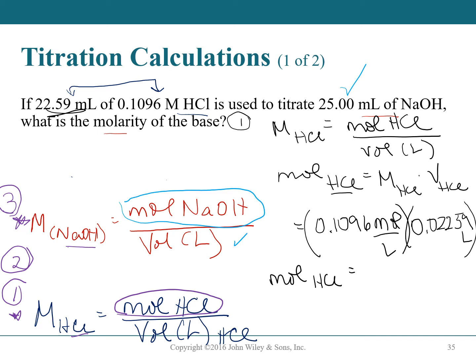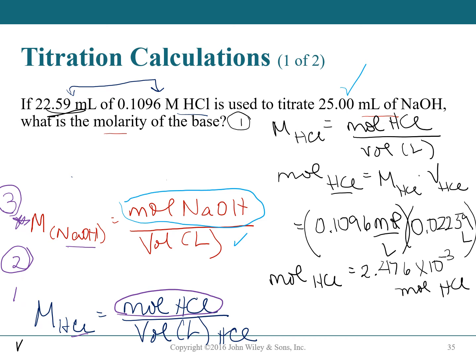And I get, to 4 significant figures, 2.476 times 10 to the minus 3 moles of hydrochloric acid. Okay, so that part's done.